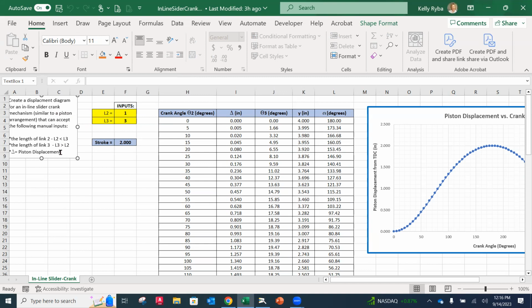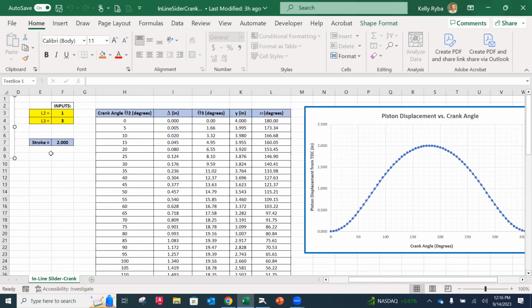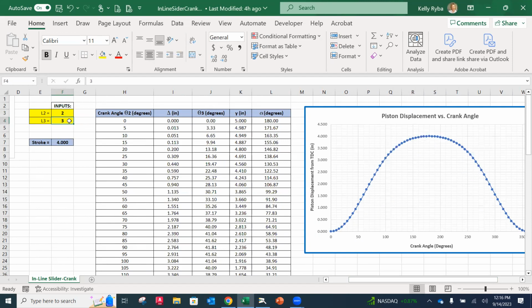It can't be the other way around. L3 always has to be larger than L2. So that's a condition that we have. And you'll notice that when I change these two numbers, my whole spreadsheet changes, and that's the whole point. So I'll put 2 in here, updated, and then I'll put 4 in here, and it automatically updates as well.